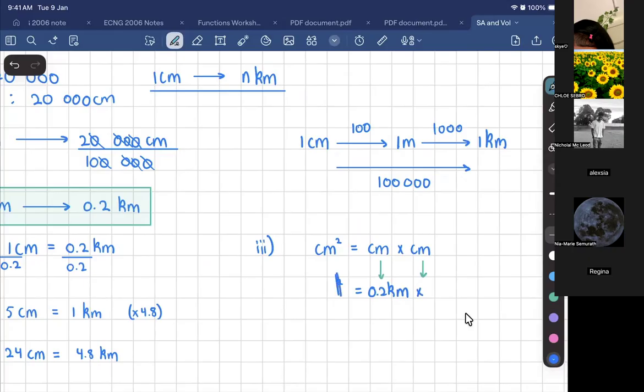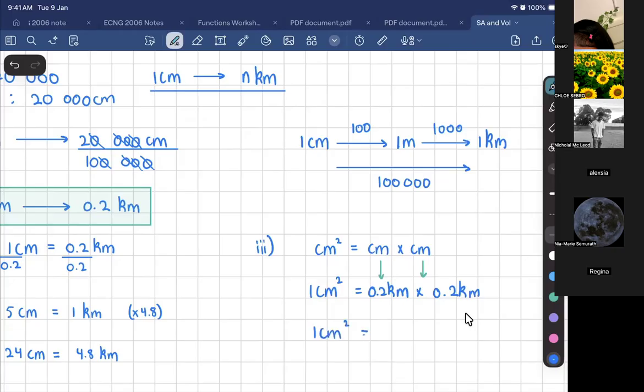So that other centimeter will turn to 0.2 kilometers. And that is going to tell us what 1 centimeter squared is equal to in kilometers.